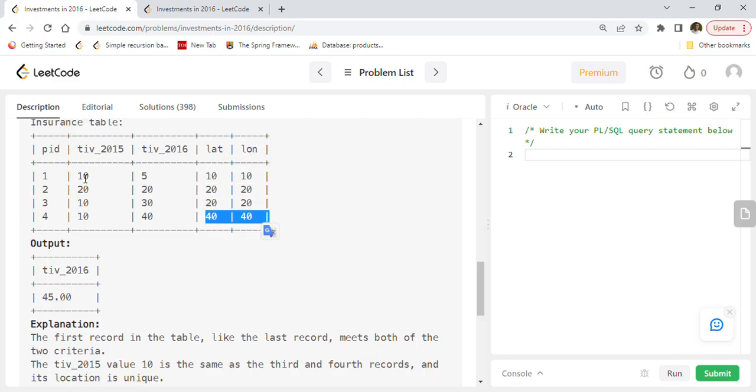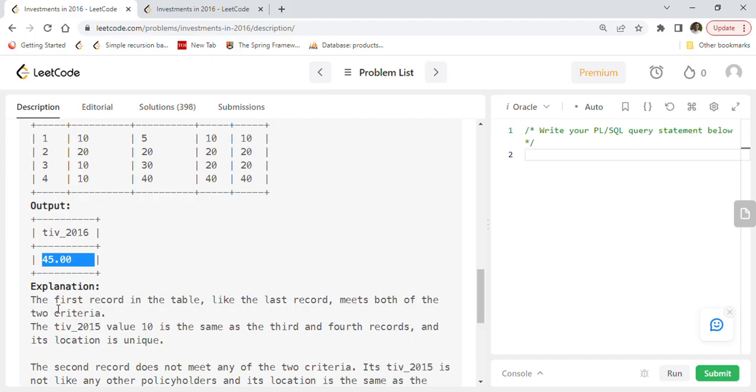And their 2015 TIV value is the same: this value is 10, and this value is also 10. So it means that we have to add 5 and 40 to get 45 here. This gives you the TIV_2016 according to their conditions, and that's what they are explaining here.